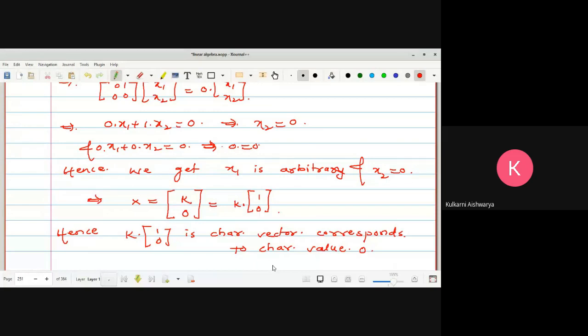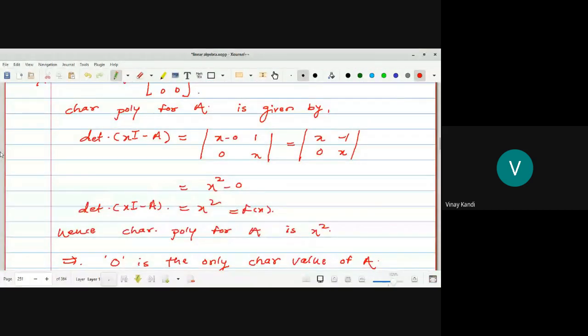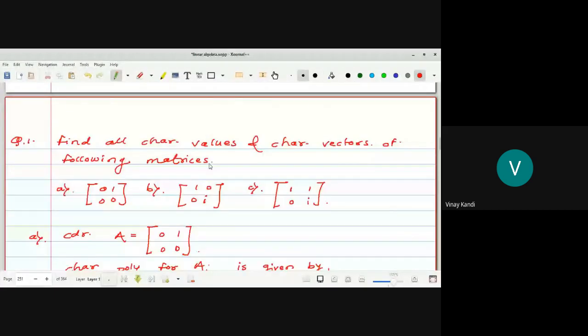Now, whether this matrix is diagonalizable. Wait a minute, solve the second question, B. Second one, solve.